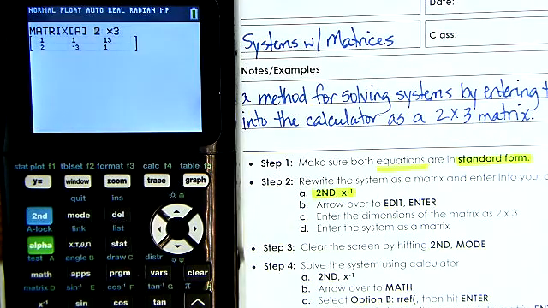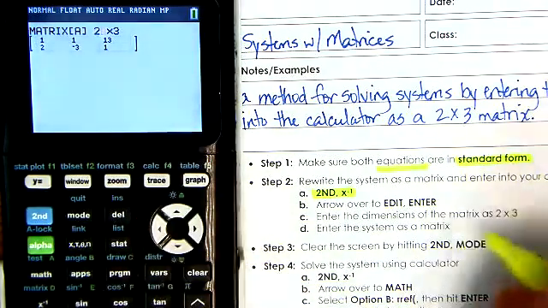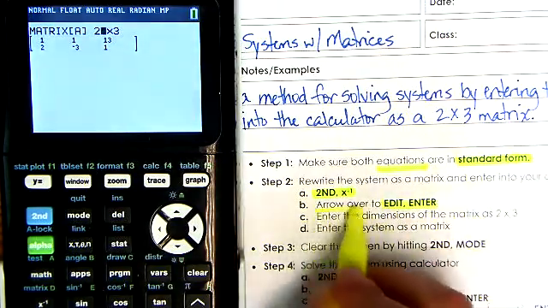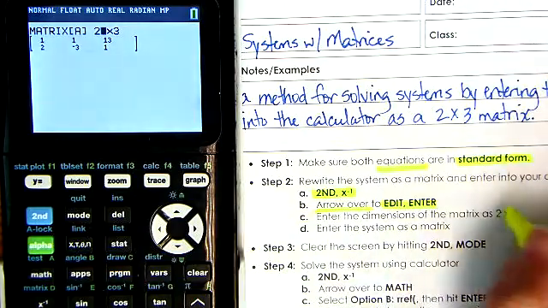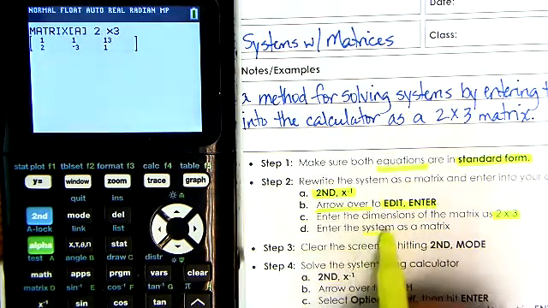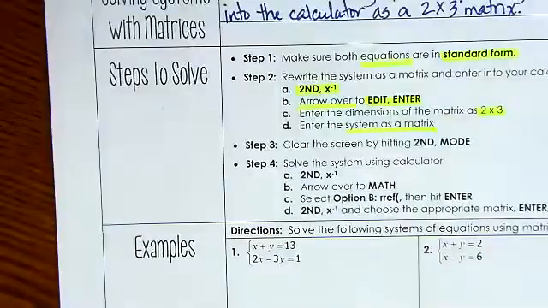And now you can see that we can change these. I can do 3s, but I want this to be a 2x3. So we go to edit, enter, you arrow over, enter the dimensions of the matrix as a 2x3, and then we enter the system, what we write, okay? Enter the system as a matrix. We'll go through those as we work, okay?